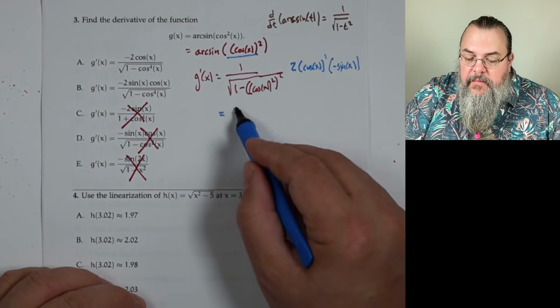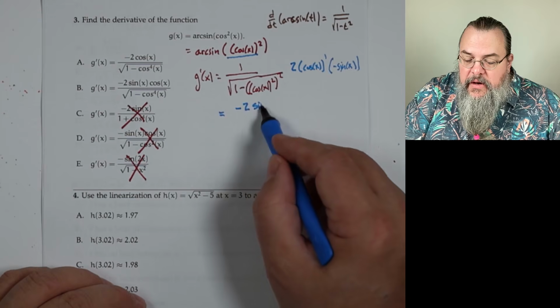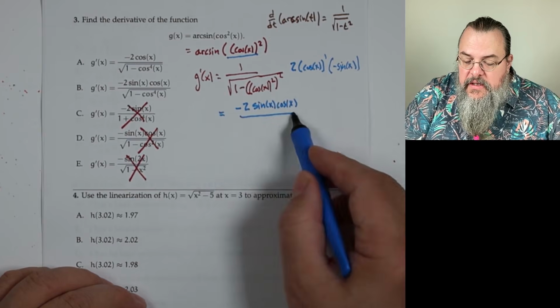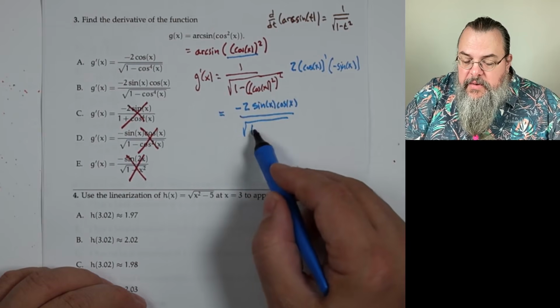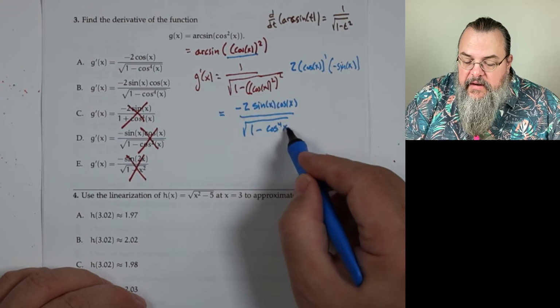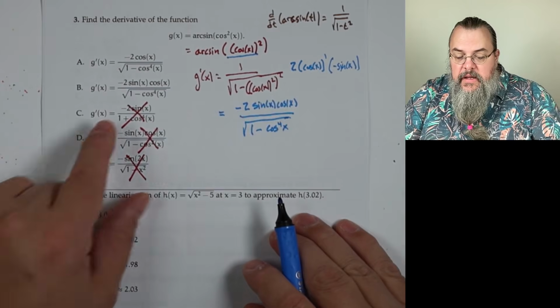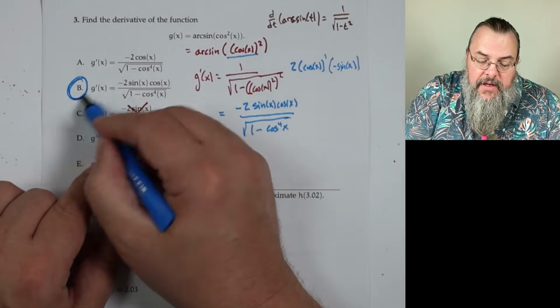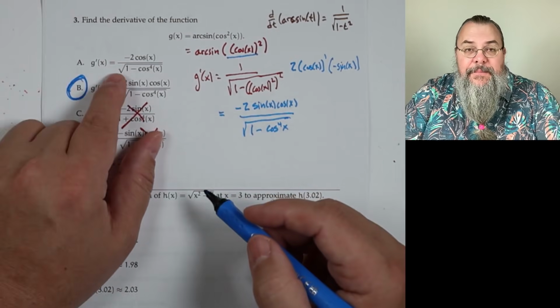So upstairs we have a minus 2. I'll write it as sine x cosine x over the square root of 1 minus cosine squared squared, which is cosine to the 4th x. And that looks a lot like B. Yep, there we go. What happened to A, by the way?